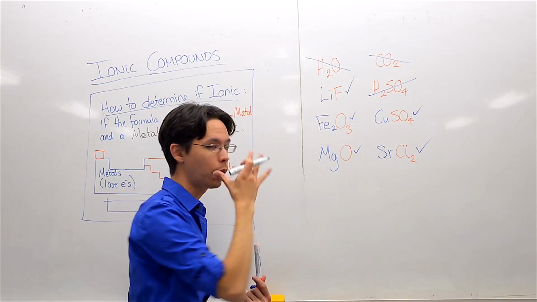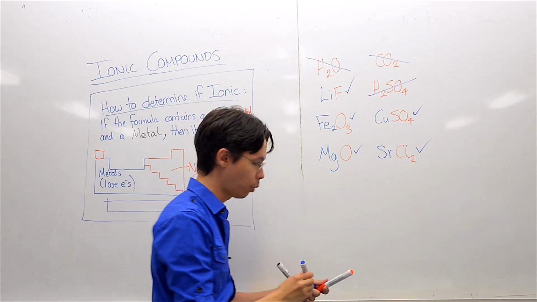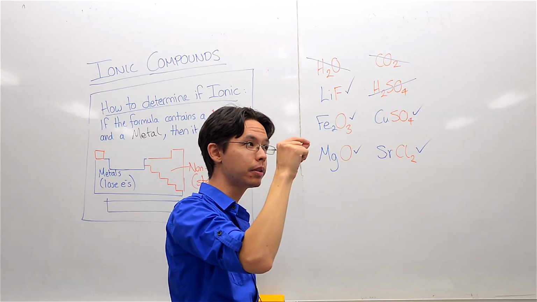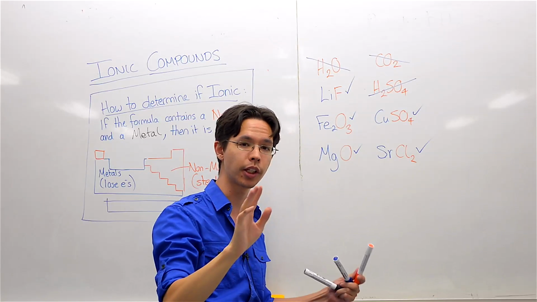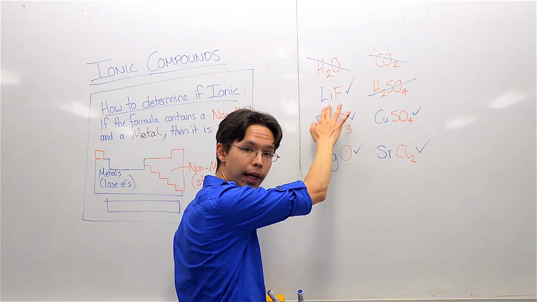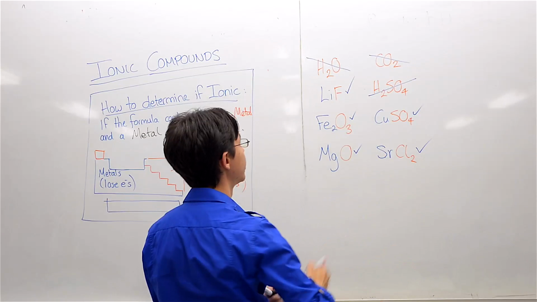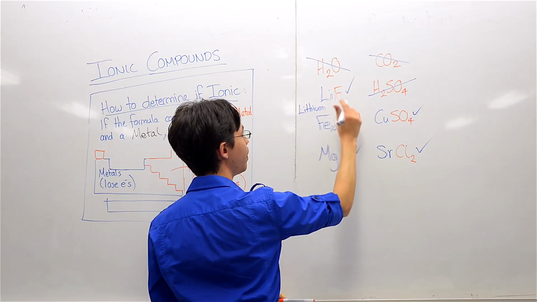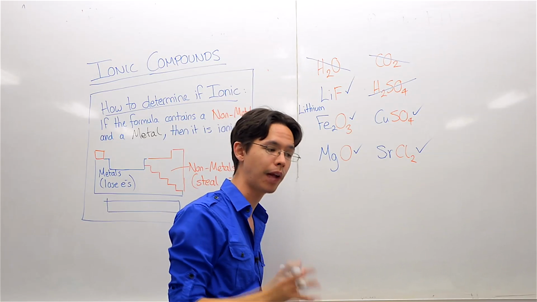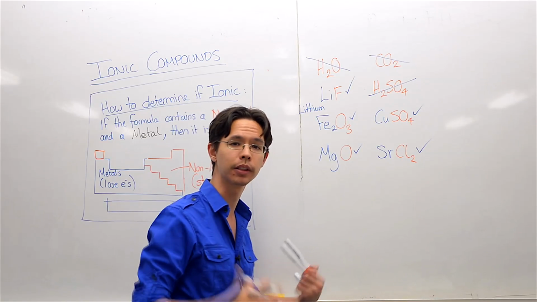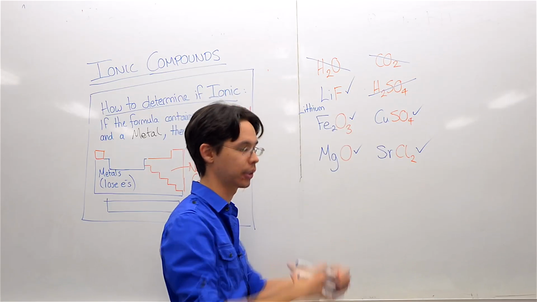Now, let's look at how we can name these compounds. Well, remember from our previous video that the metal, once it becomes an ion, its name doesn't change at all. So if its name is lithium beforehand, its name is still lithium. So I'll write it down. Lithium. Now, the nonmetal, however, when it forms an anion, its name will change once it gains that extra electron.